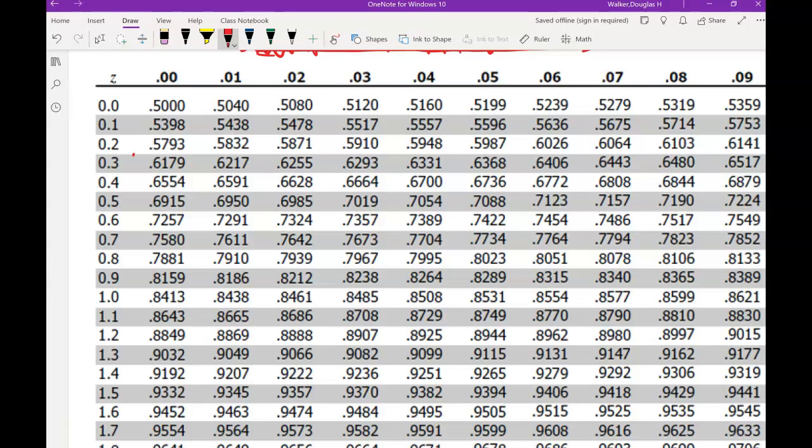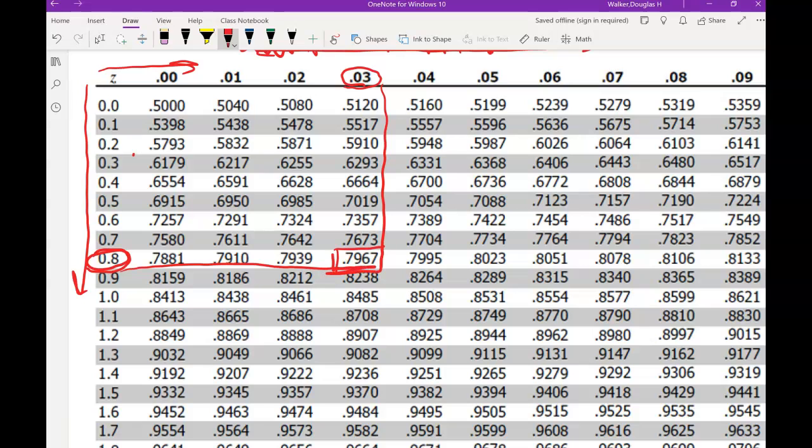The left-hand column here gives me to the tenth, so I got the 0.8, and then the row across the top is the hundredths. So 3 is in the hundredths. So I'm going to do the 0.03, so that's 0.83. So it's this number here. I hope you can read that on the video. 0.7967.